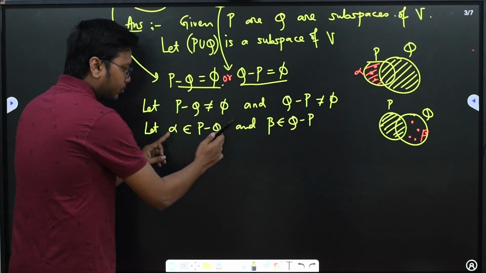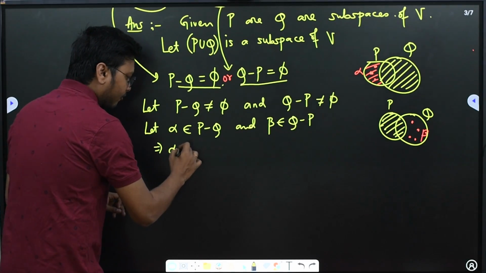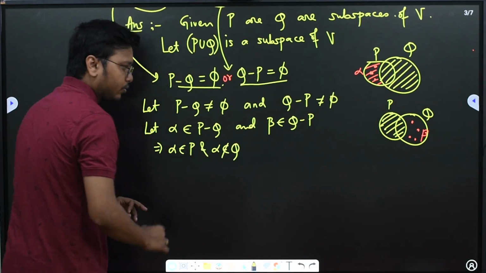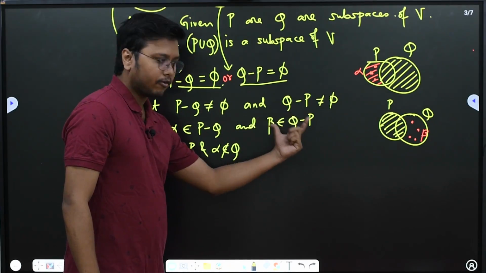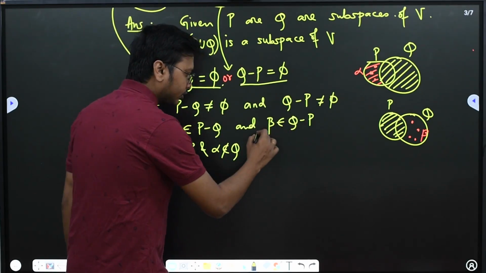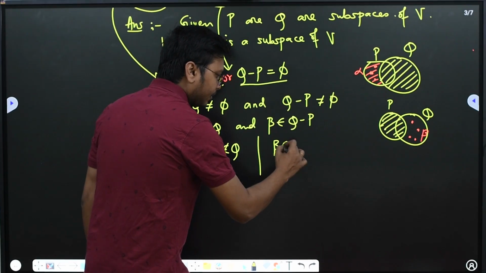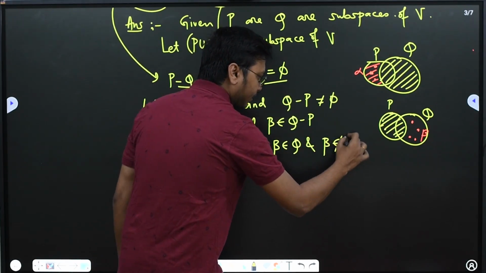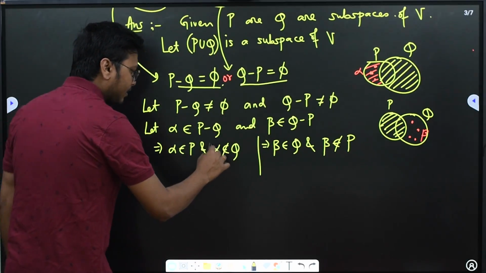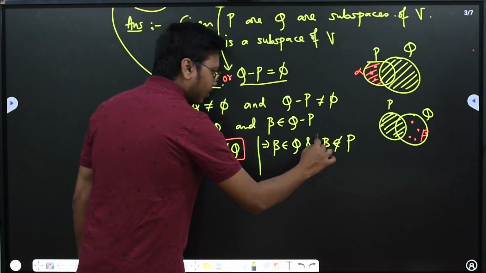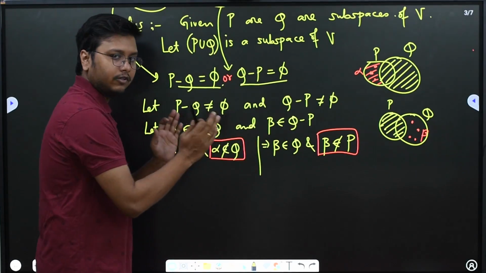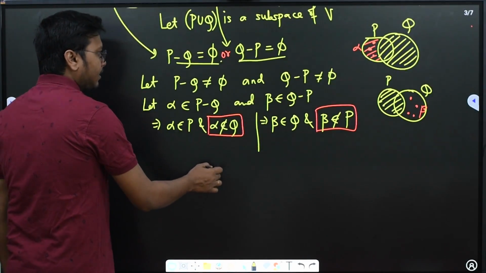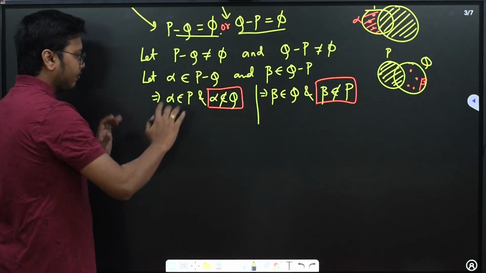So alpha belongs to P and alpha does not belong to Q. Similarly, by similar logic, I can say that beta belongs to Q and beta does not belong to P. So remember, these two are very important parts because these two things will help me do the contradiction. Okay. Now let's proceed from what we have got here.